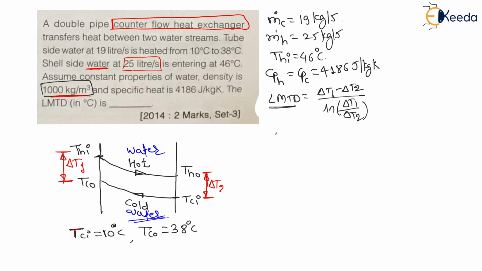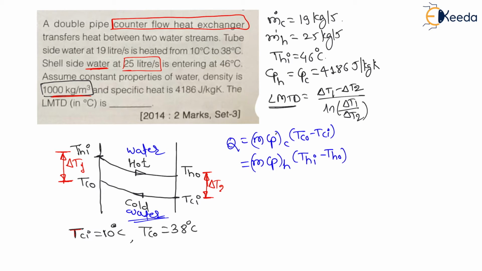Now, my dear students, can I say the heat transfer, if I consider the cold fluid, is m Cp of the cold fluid into the temperature difference of the cold fluid, that is Tco minus Tci. And if I consider the hot fluid, it will be equal to m Cp of the hot fluid into the temperature difference of the hot fluid, that is Thi minus Tho. Right.